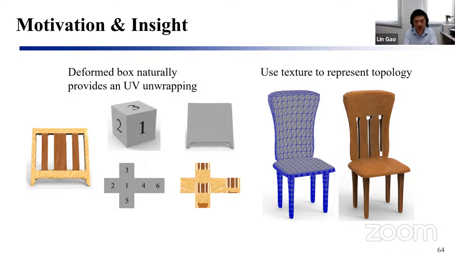And also there is some challenge to represent the complex structure, but with the help of the texture, there is a trick. We could use the alpha channel, the transparency, to model the hole. Look at the right chair.